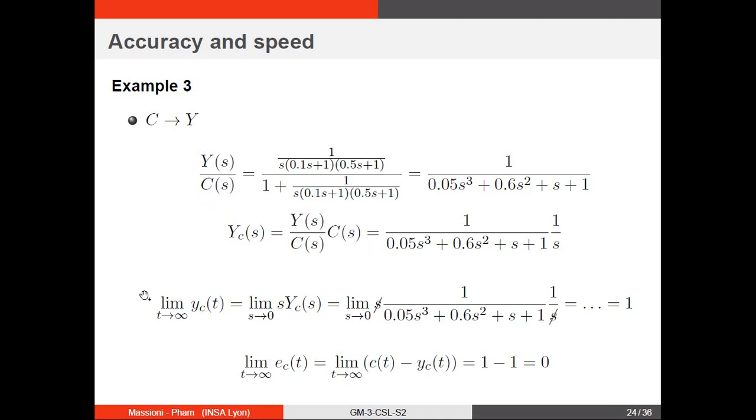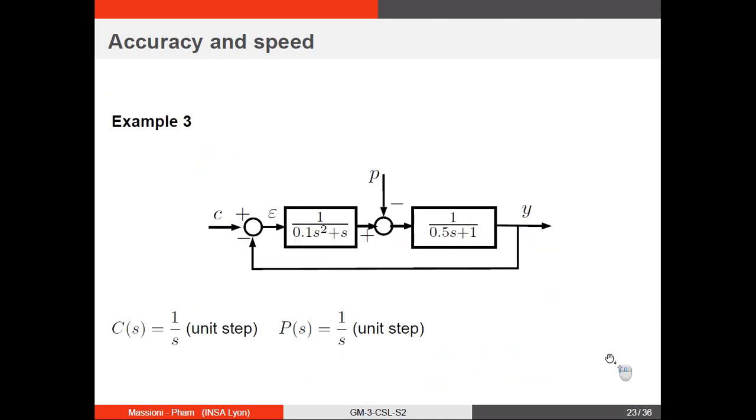Long story short, you get 1 for the limit of YC, which means that the steady state error is 0. Could we expect this? Yes, because there is an integrator here. You see, you can factorize an S over here. So if you factorize this S, then that means there is an integrator in the loop, integrator in L, so it cancels the effect of a step over here.